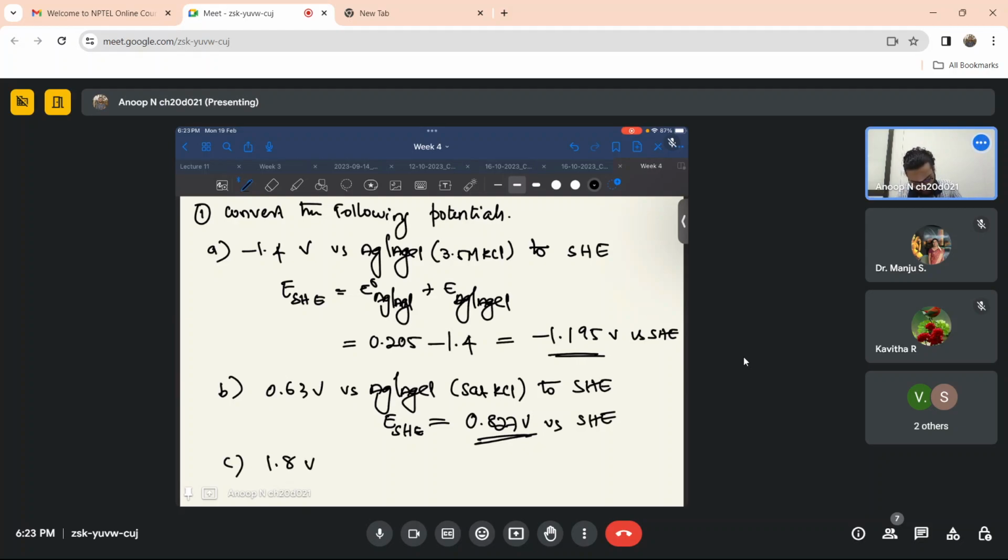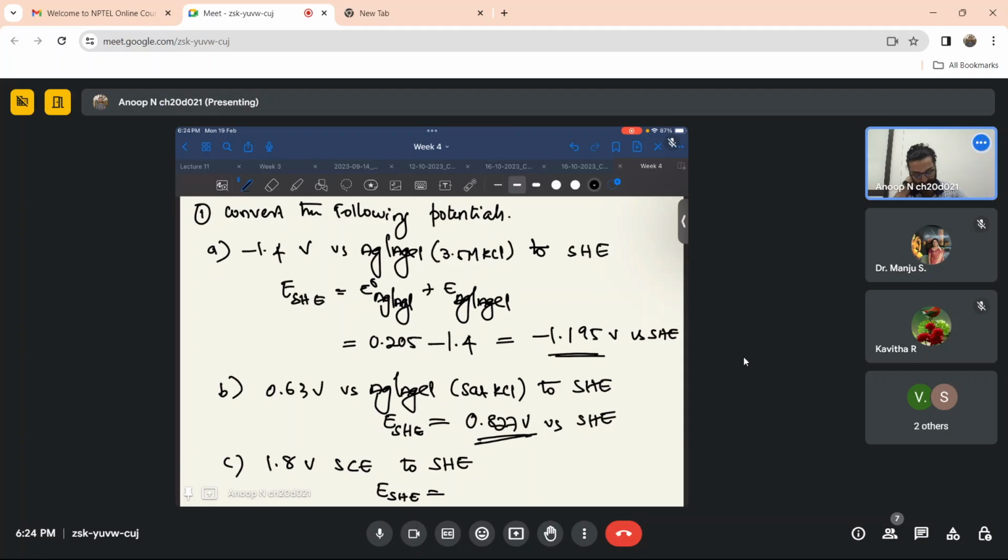0.8 volt versus saturated calomel electrode, to SHE. E_SHE is equal to... Done?